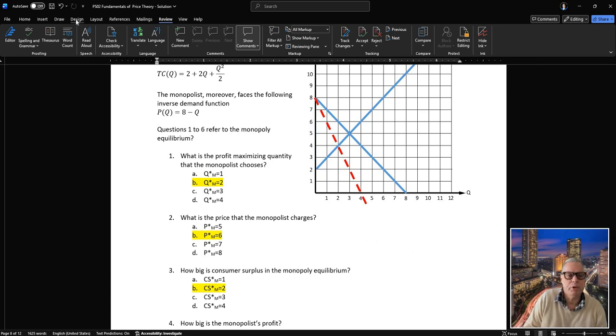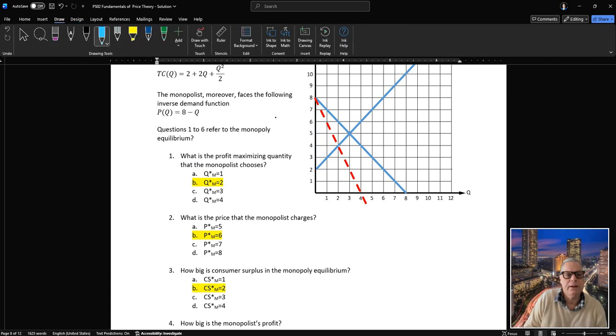So now if the market were perfectly competitive, the equilibrium price would be 5 and the equilibrium quantity would be 3.